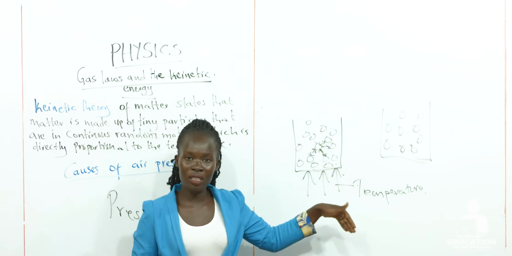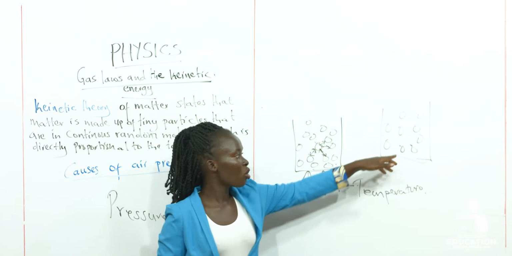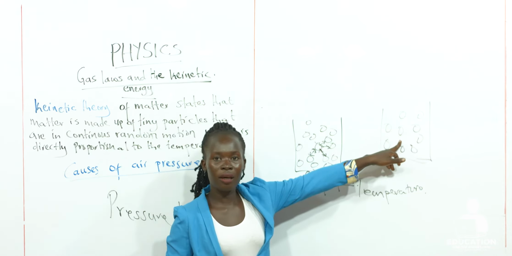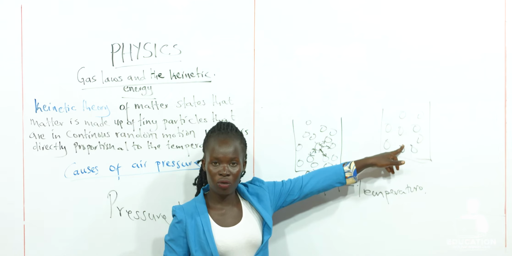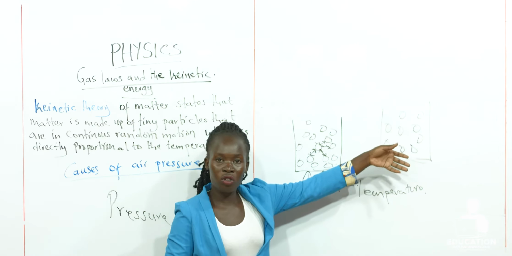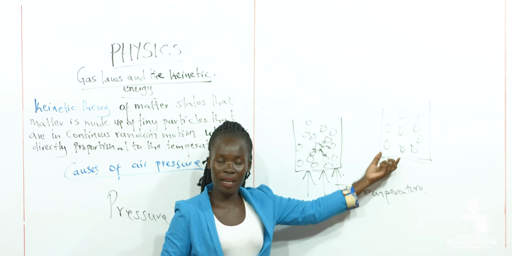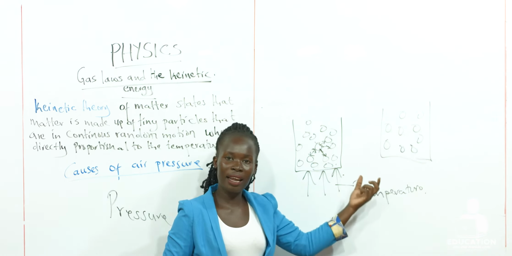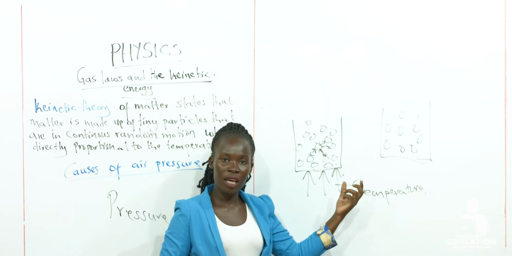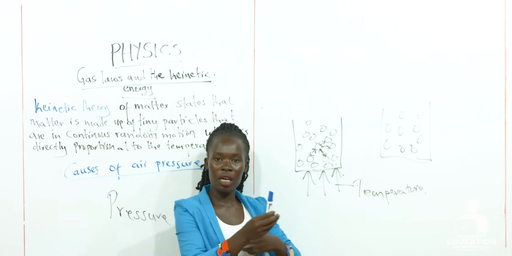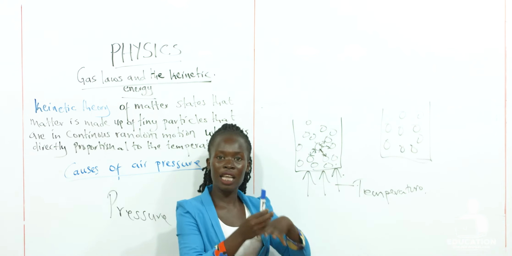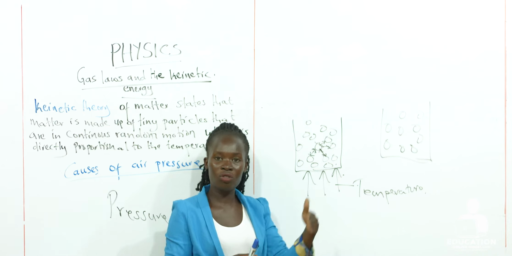Because when you reduce the temperature, you're trying to strengthen the bond between these molecules. So the more you continue strengthening the bond, there will be less kinetic energy. And when the kinetic energy is reduced, the rate at which they move fast and collide with each other is dropped.